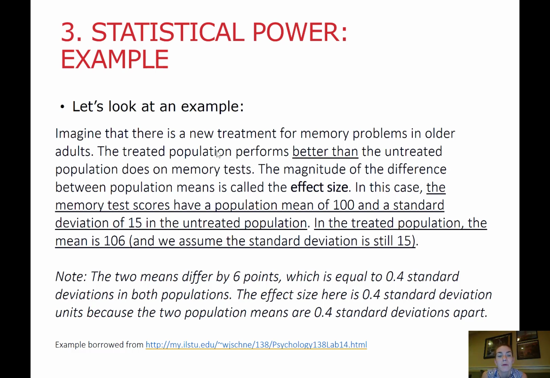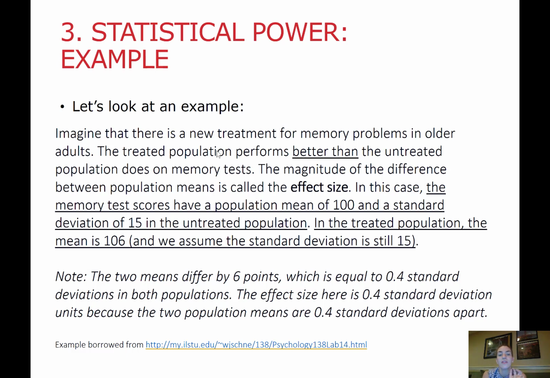In this case, the memory test scores have a population mean, so this is the comparison population, the untreated group, of 100 with a standard deviation of 15. And in the treated population, the average memory score is 106. And remember, because of our assumption of homogeneity of variance, we will also assume the standard deviation for this population is 15.